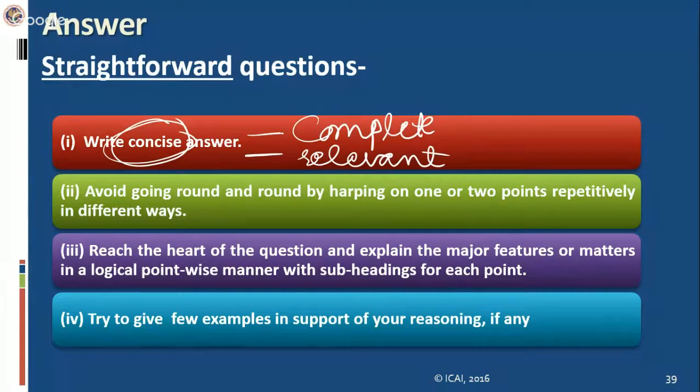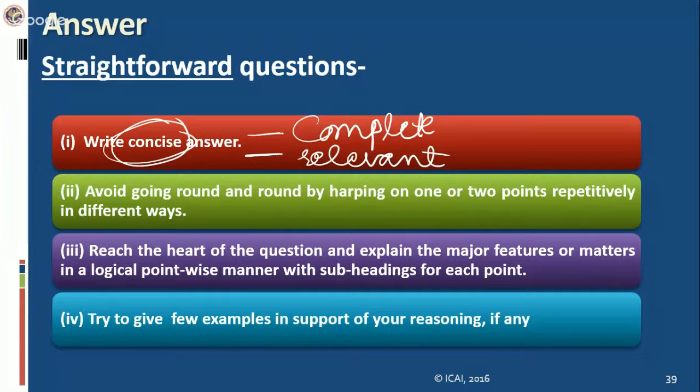So complete answer should be there, and relevant points you should give. Irrelevant point should not be considered. Please remember, if you write irrelevant answer which is not in any way connected with the question, then it leaves a negative impression on the mind of examiner. This is what I mean to say.